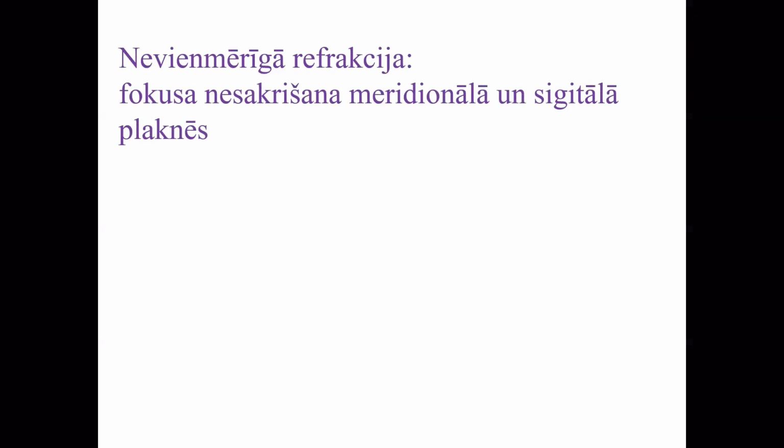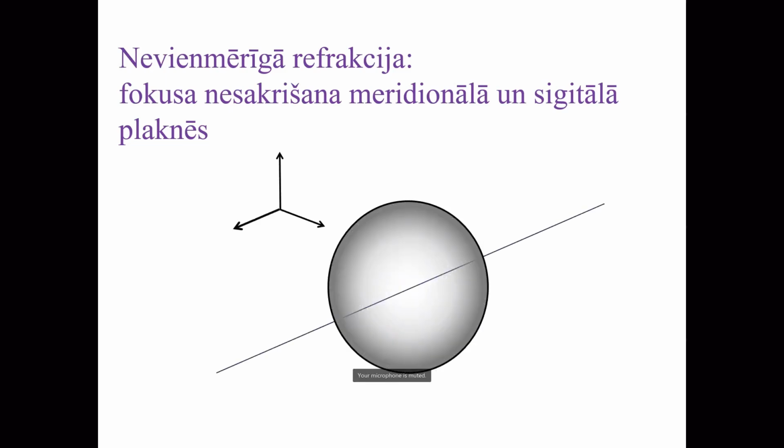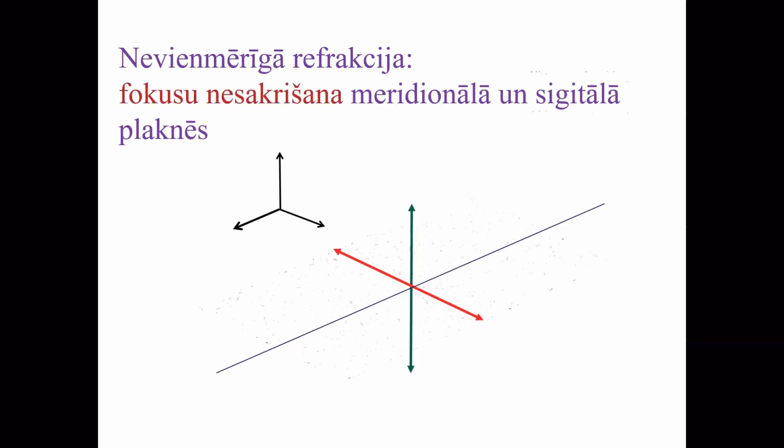So the next defect of astigmatism is connected with inhomogeneous refraction. Everything is geometrically fine, homogeneous, spherical, symmetrical. However, in two different planes, the sagittal and meridian, the refraction indexes, the refraction coefficients of the light are different.